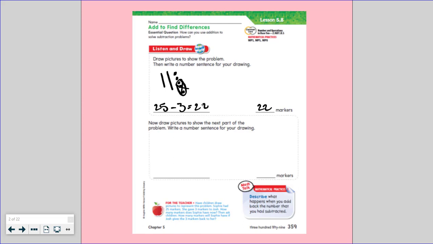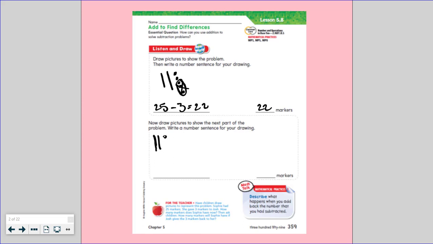Okay, now here's the second part to the problem. How many markers will Sophie have if Josh gives the 3 markers back to her? Okay, see if you can pause your video and figure that out. All right, so here's what I came up with. She has now 22, right?